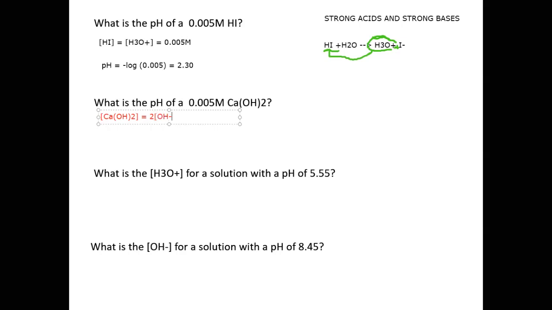So the OH- concentration is twice the concentration of calcium hydroxide, because there are 2 moles of OH for every 1 mole of calcium hydroxide. So the concentration of hydroxide would be 0.01.